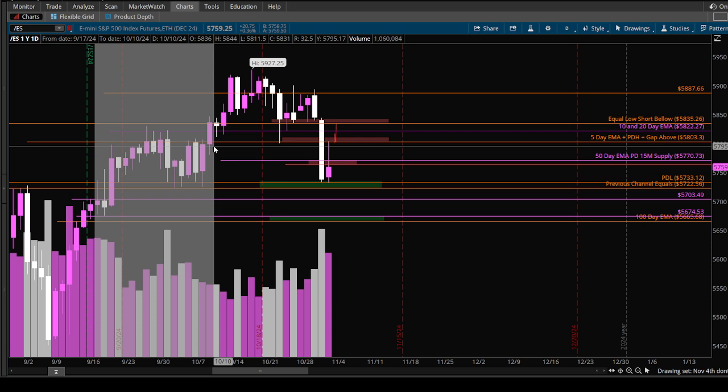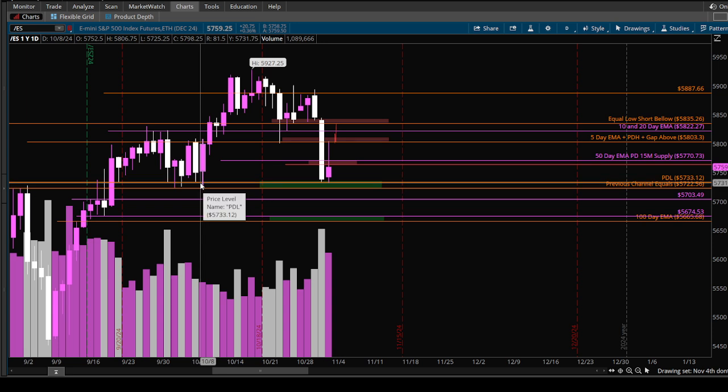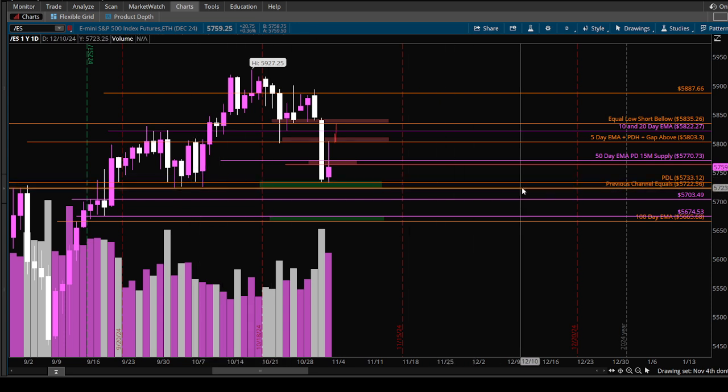So here this level is pretty interesting because this is where we found the bottom, because this is the consolidation and the low on that channel. So what is interesting is if this is breaking down, I want to see what is happening at the 100-day EMA.